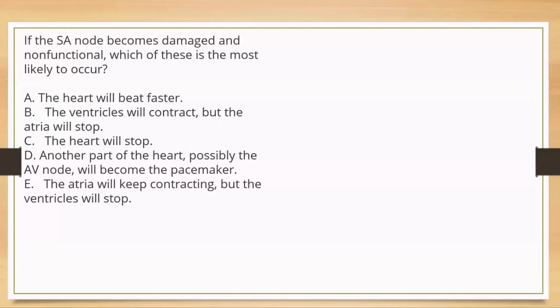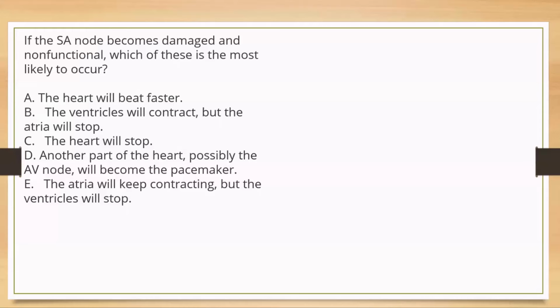I repeat, it simply refers to the ability to generate impulses spontaneously. We have some structures in the heart able to do that. These are the SA node, the AV node, and some even add the bundle of His and the Purkinje fibers.